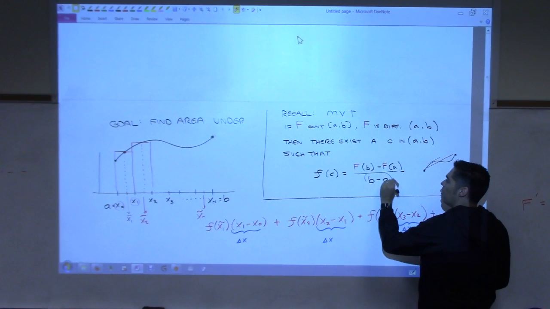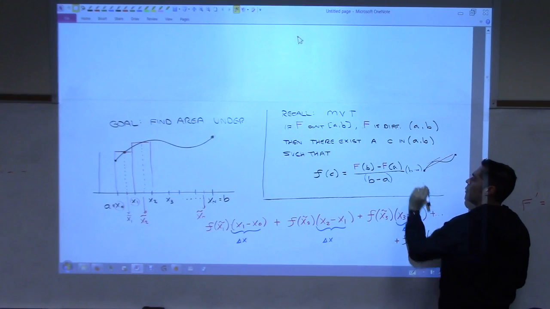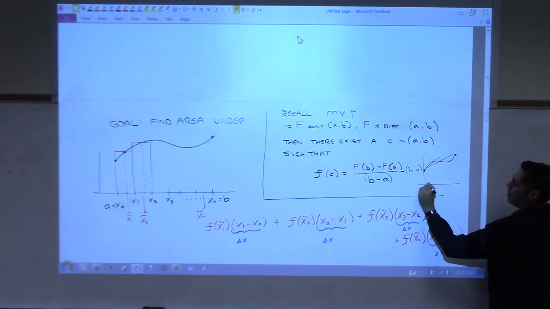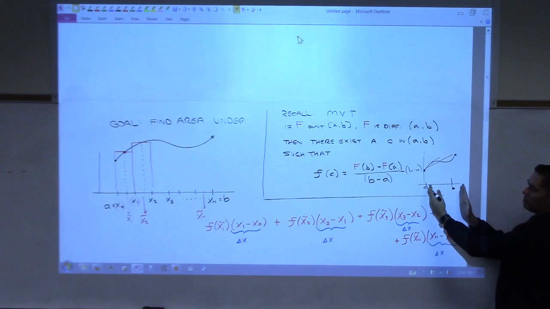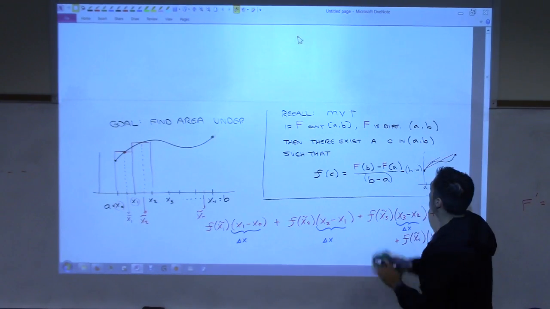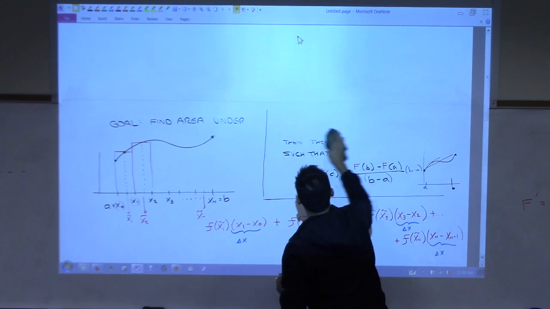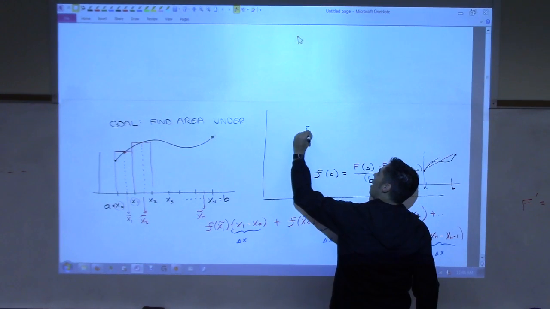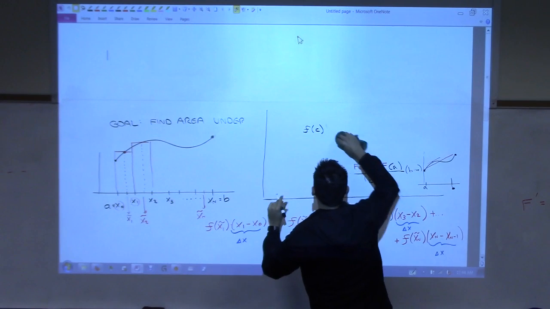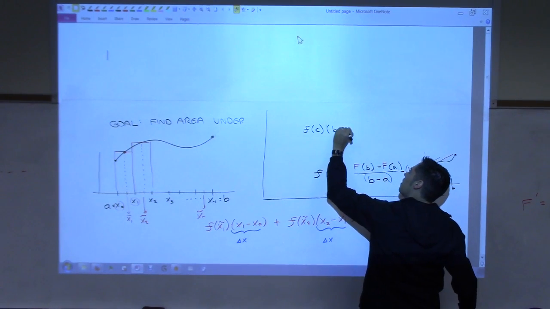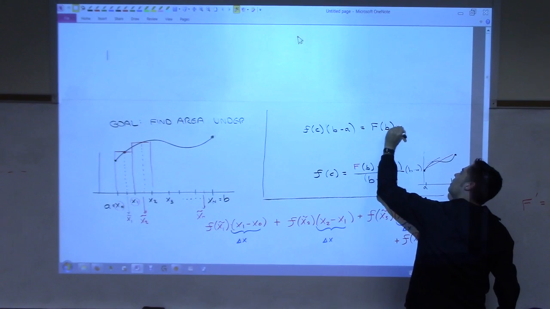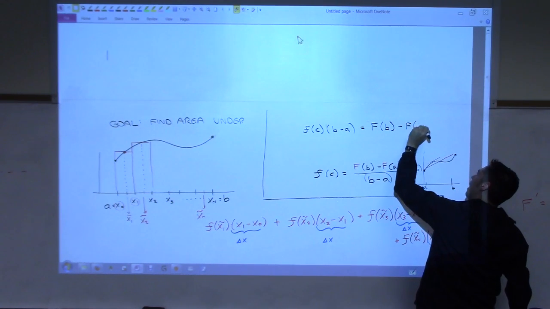I'm going to do one more thing to this formula. I'm going to multiply both sides by b minus a. And remember, b minus a, back in the picture, a was this endpoint and b was that endpoint. So if I rewrite the mean value theorem, this becomes f of c times b minus a is equal to capital F of b minus capital F of a.